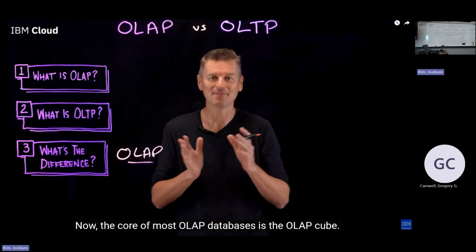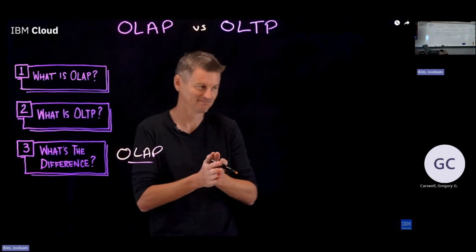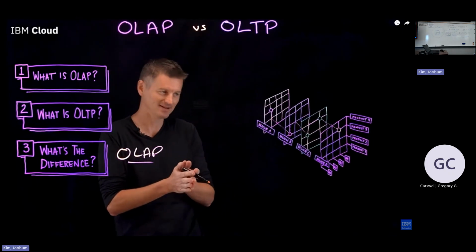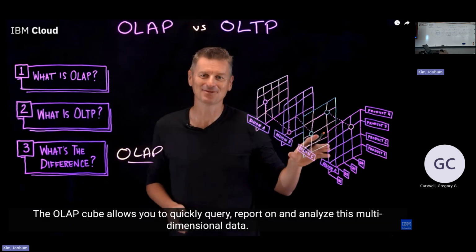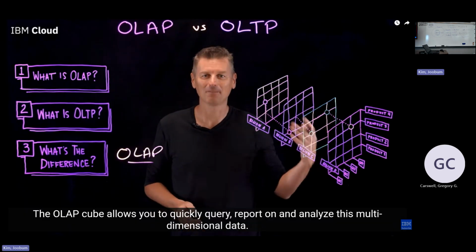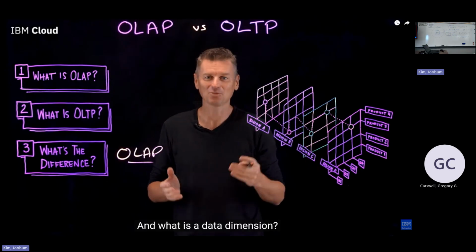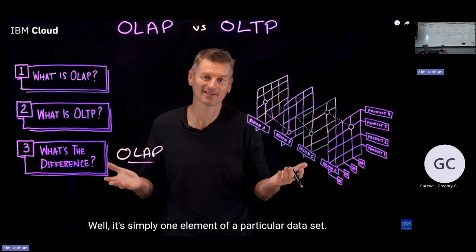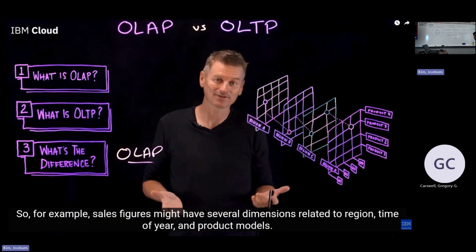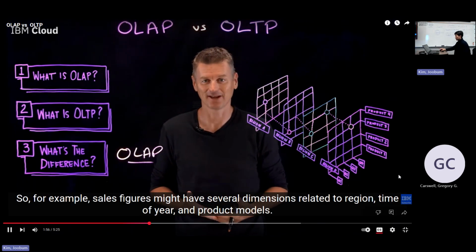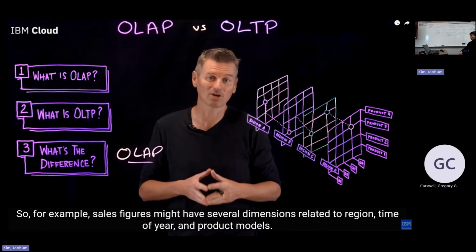Now, the core of most OLAP databases is the OLAP cube. Beautiful, isn't it? The OLAP cube allows you to quickly query, report on, and analyze this multi-dimensional data. And what is a data dimension? Well, it's simply one element of a particular data set. So, for example, sales figures might have several dimensions related to region, time of year, and product models.